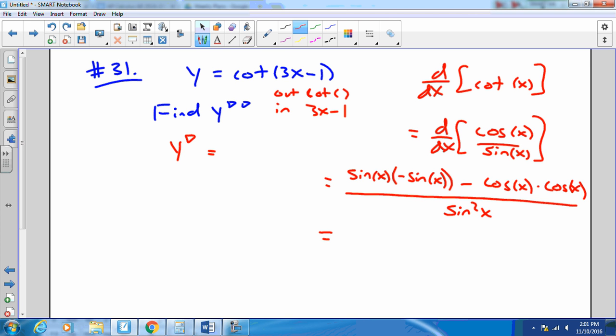It was negative sine squared x minus negative cosine squared x. This would be what? Sine squared x plus cosine squared x is equal to 1, but it's negative. So I would get negative 1 over sine squared, which is negative cosecant squared.